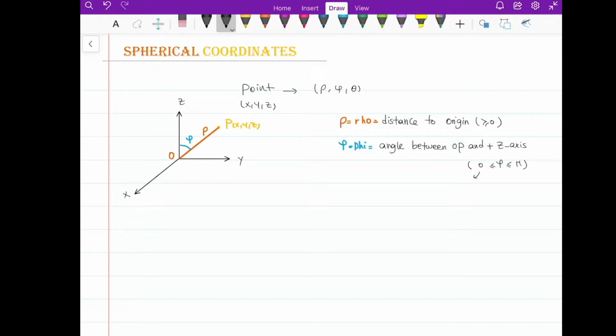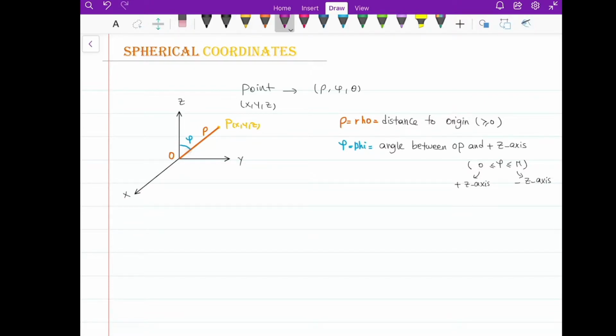If phi is equal to 0, then we get the positive z-axis. If phi is equal to pi, so basically OP would be here, so that I have the full angle pi, then it would be the negative z-axis. Okay, so phi is basically the angle from the positive z-axis to OP.